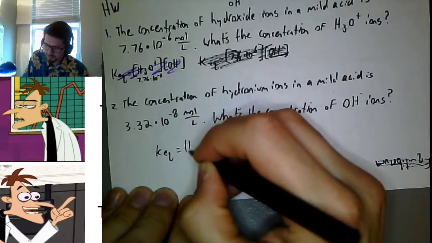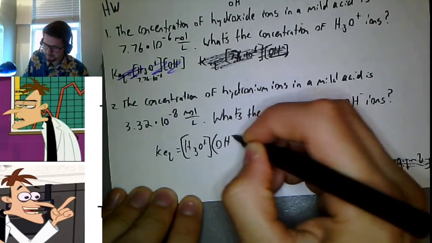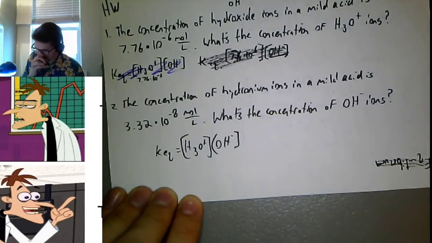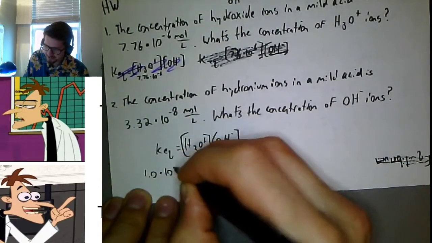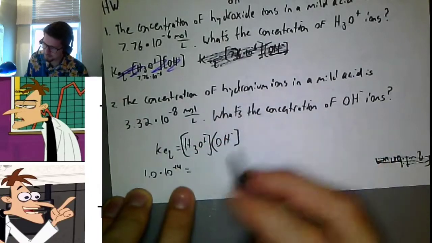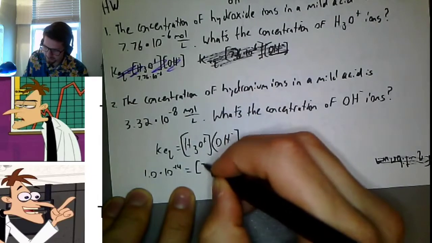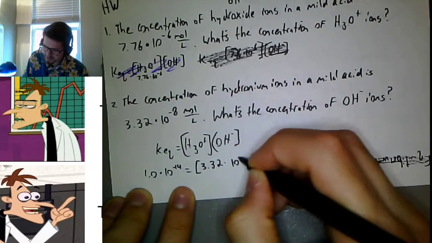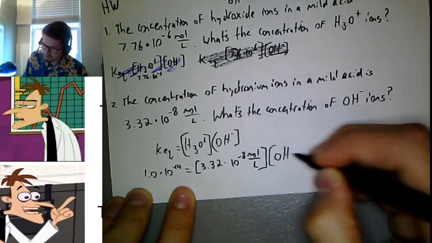KEQ equals H3O plus times OH minus. Okay, what's my KEQ? 1.0 times 10 to the negative 14 equals, I'm looking for OH, and I have my hydronium. So 3.32 times 10 to the negative 8th moles per liter times OH.